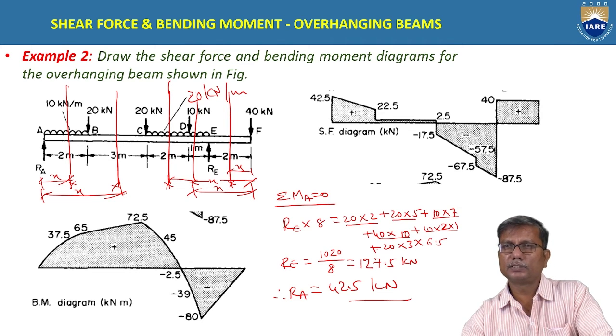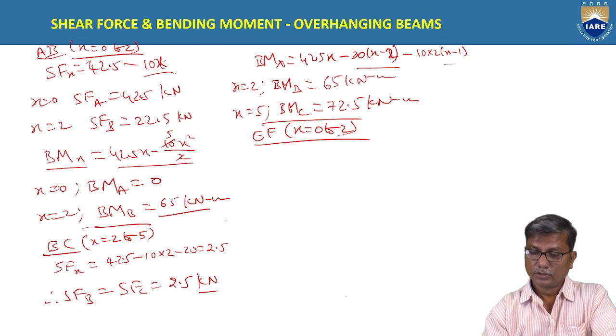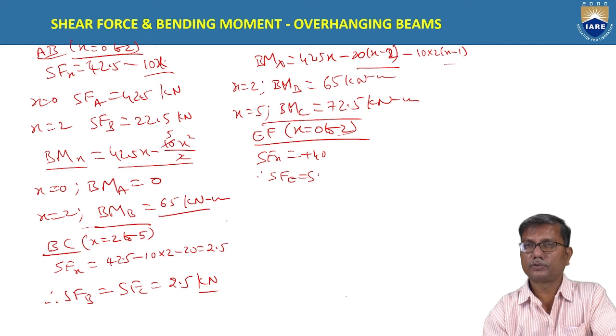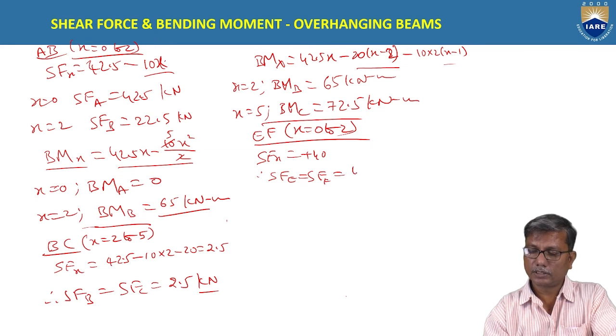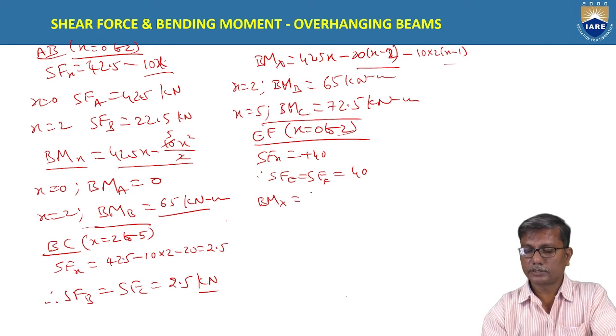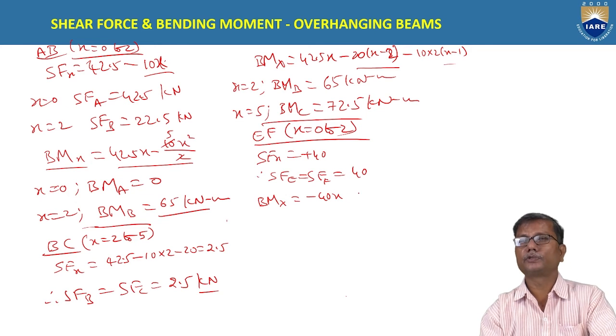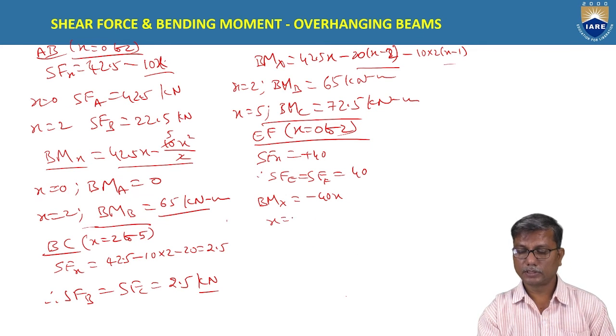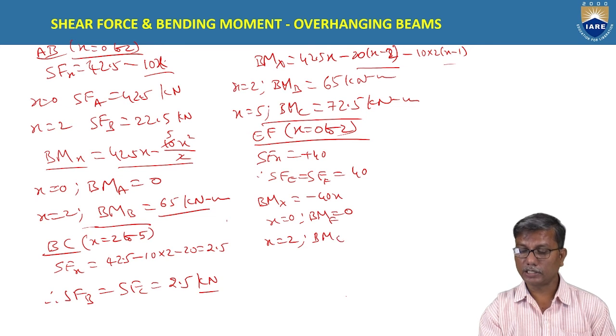So shear force at X is plus 40, therefore shear force at E and F is 40 constant. Bending moment at X is minus 40x. At x equal to 0 bending moment is 0 at F, and at x equal to 2 bending moment at E is minus 40 into 2, that is minus 80 kilonewton meters.